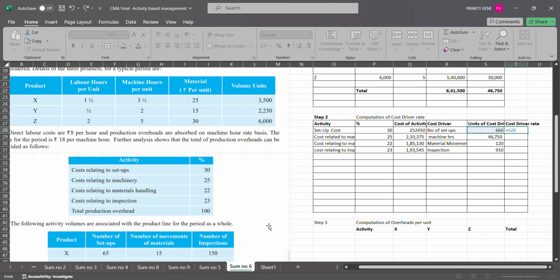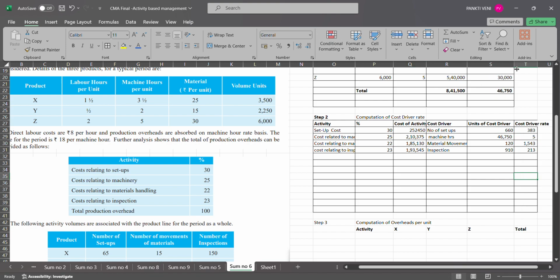Here you have total cost divided by units of cost driver. So this part is done, and I got my cost driver rate also.